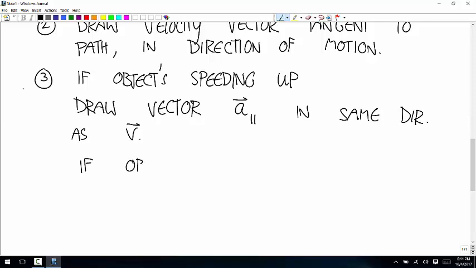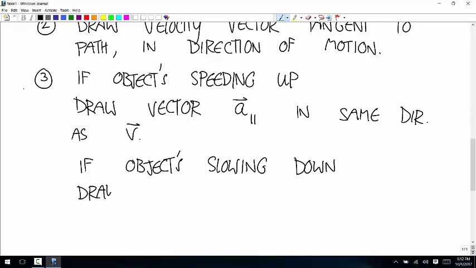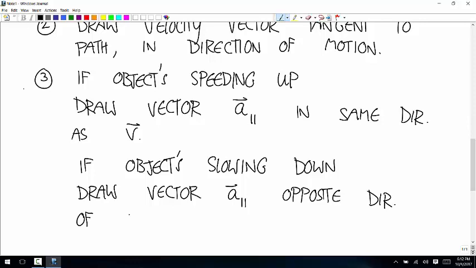If, on the other hand, the object's slowing down, draw that vector A parallel in the opposite direction of the velocity vector. Okay, so that's part of the acceleration that makes the thing speed up or slow down.